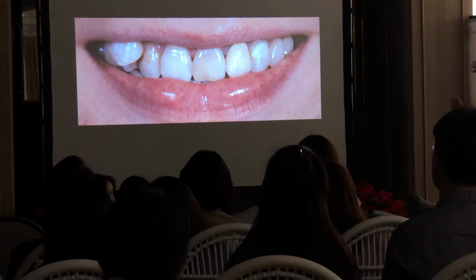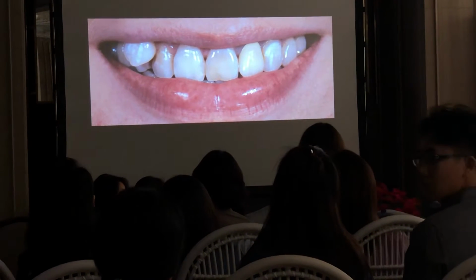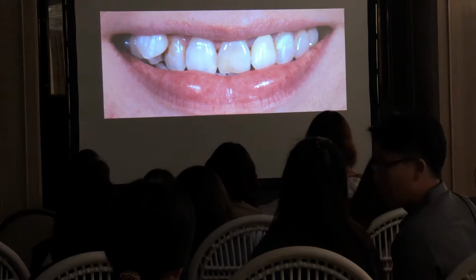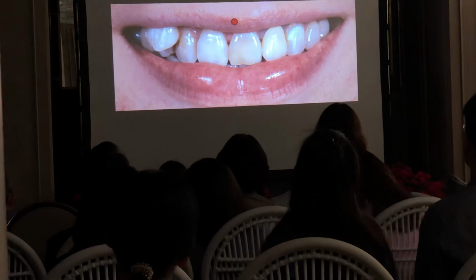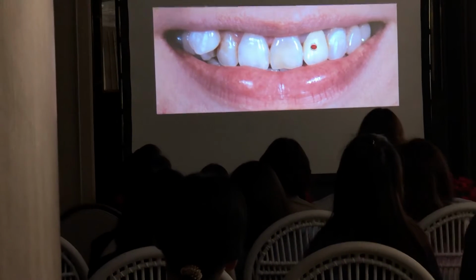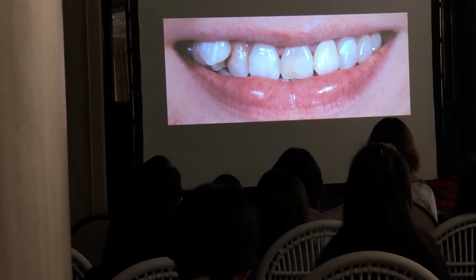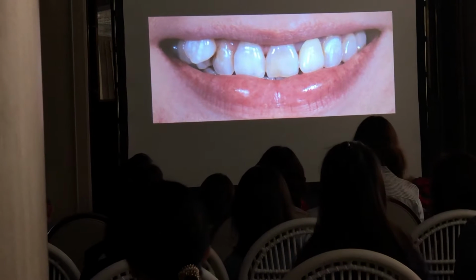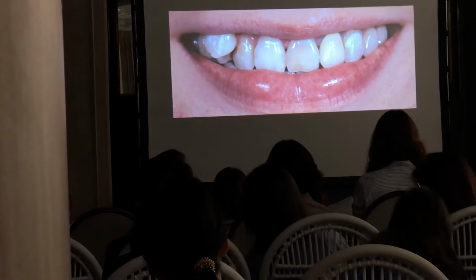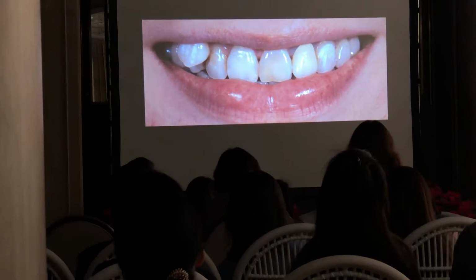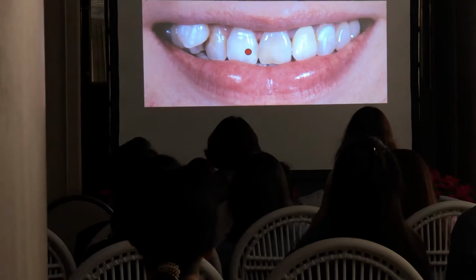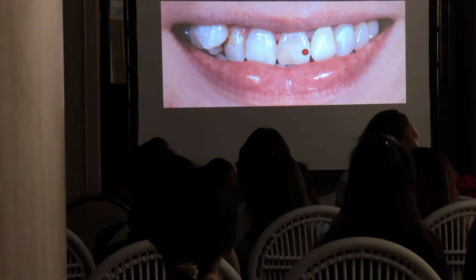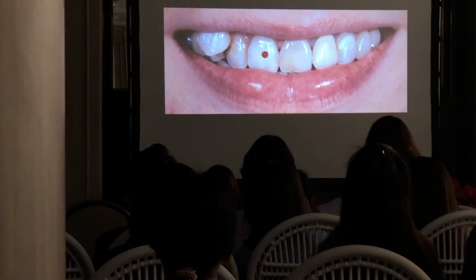Okay, this is the patient I demonstrate here. This patient wants to change tooth 2-2 and tooth 1-2. I do not agree with this patient because I tell the patient this alignment is not good, and do you see your tooth 2-1 is wider than your tooth 1-1?